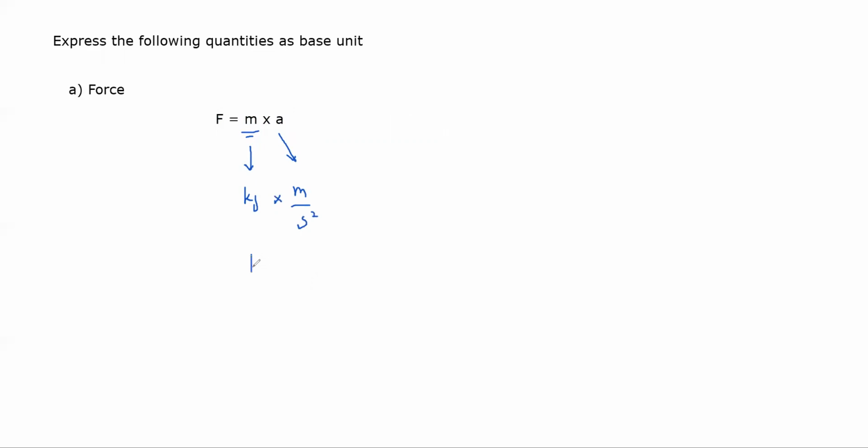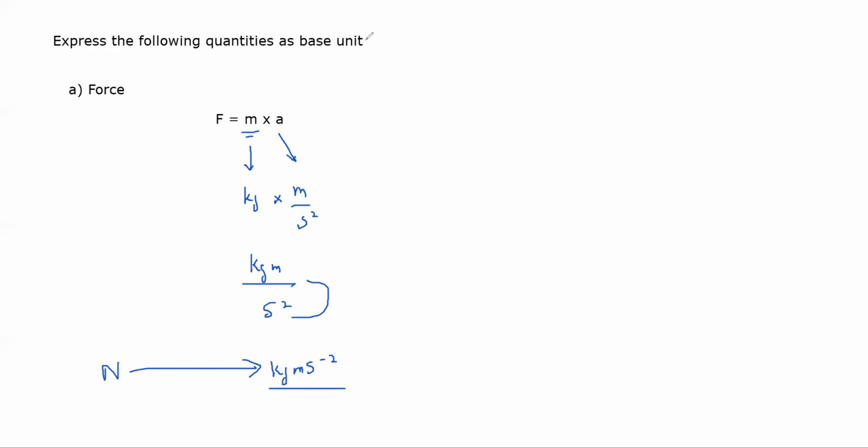So when I solve this, it will be kilogram meter divided by second square. When we represent in terms of base units, normally we use all in numerator. So if second square moves to the numerator, it will be kilogram meter second raised to power minus 2. That's a base unit. So Newton in terms of base units is equal to kilogram meter second raised to power minus 2.